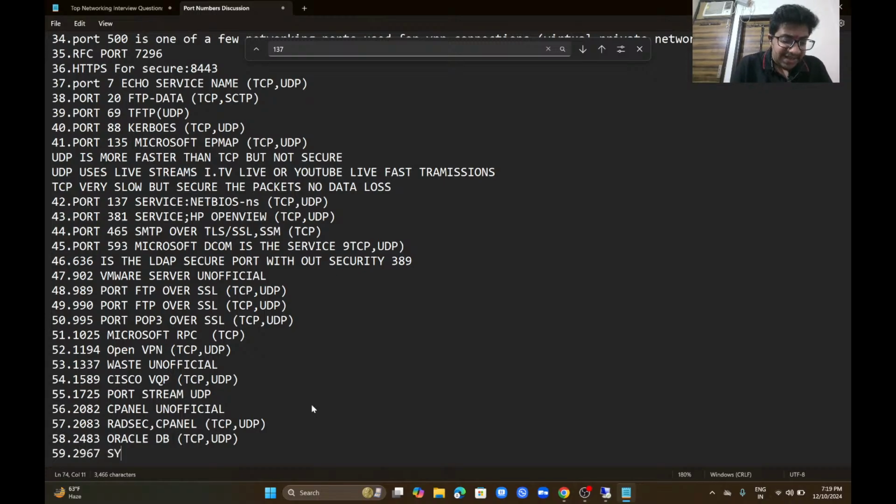2967 is Symantec AV using TCP and UDP protocols.